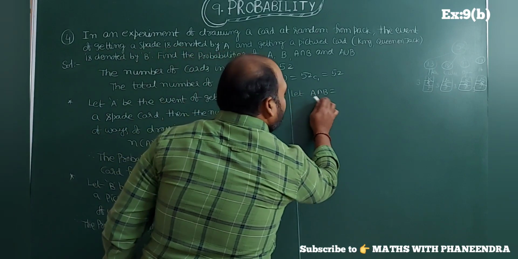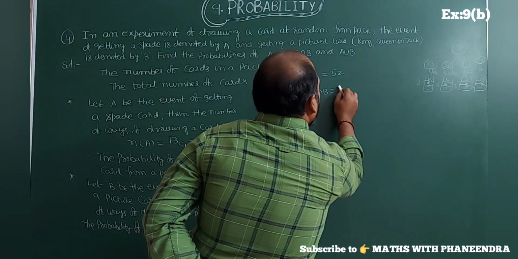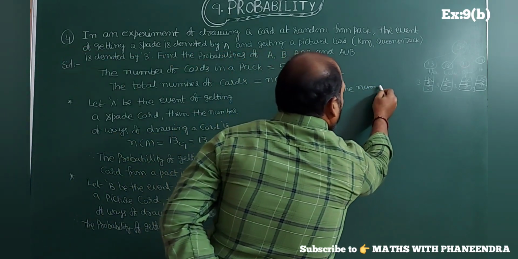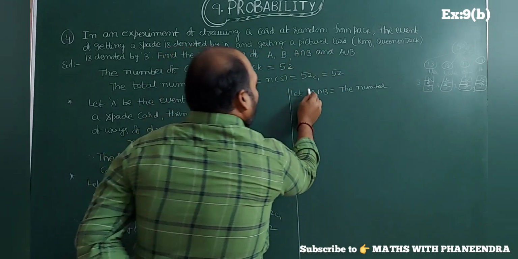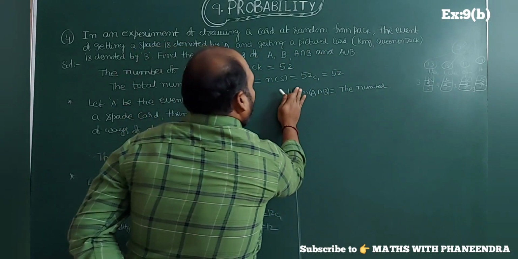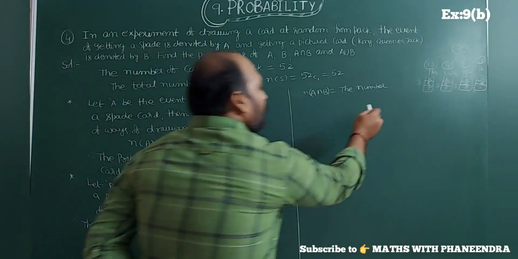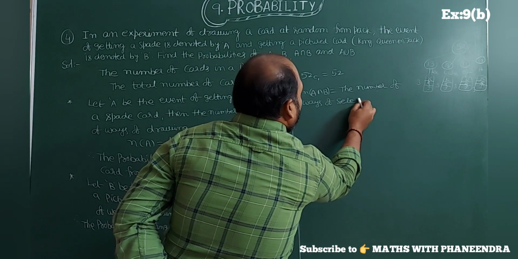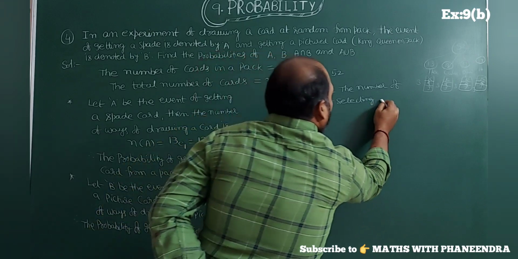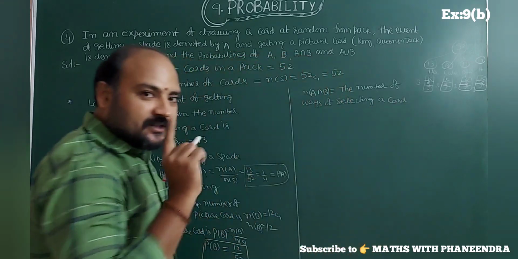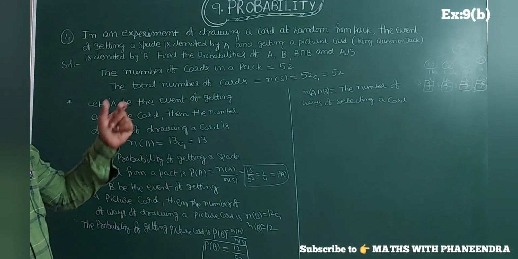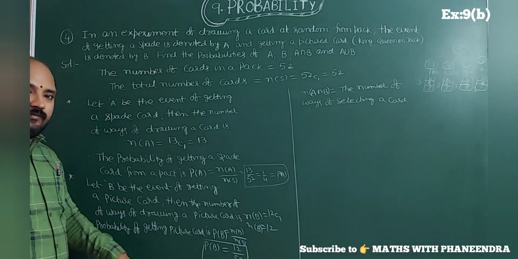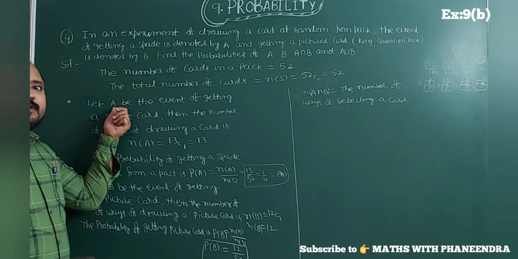So n of A intersection B is equal to the number of ways of selecting a card. A intersection B means the card which is drawn from both A and B. Intersection means common.